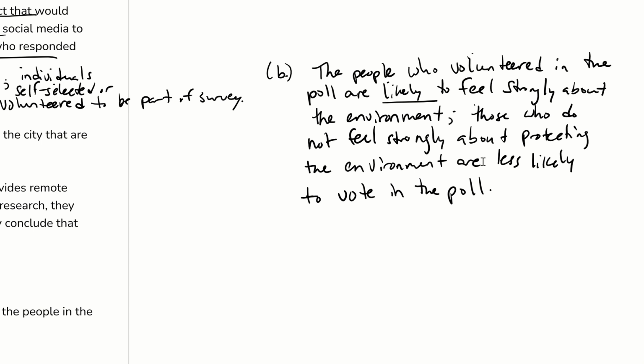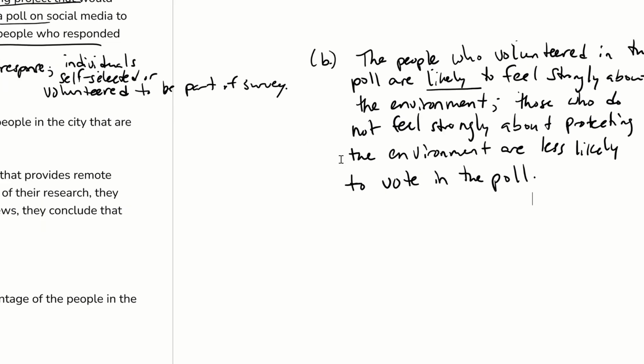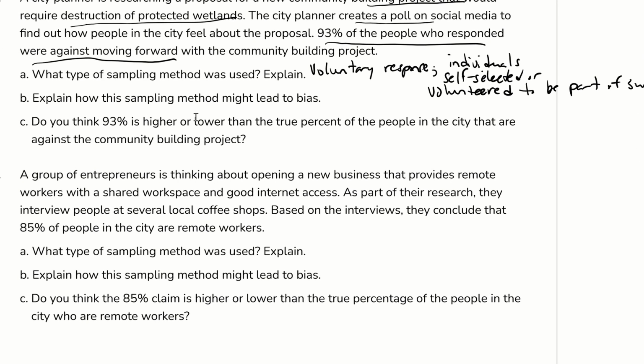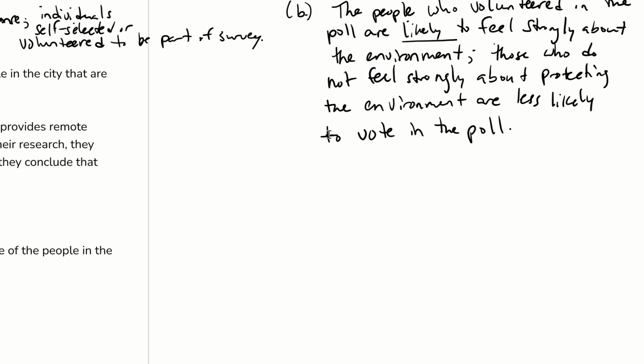Okay, and because of that, you're eliminating some people who are less likely to do it, and therefore you're going to result in bias. Do you think the 93% is higher or lower than the true percentage of people that are against a community building project?